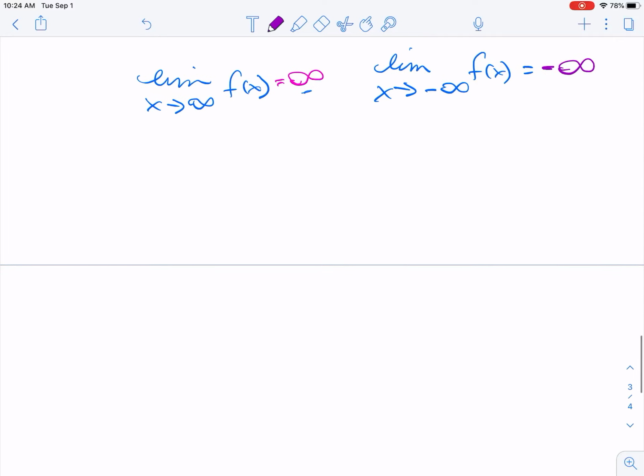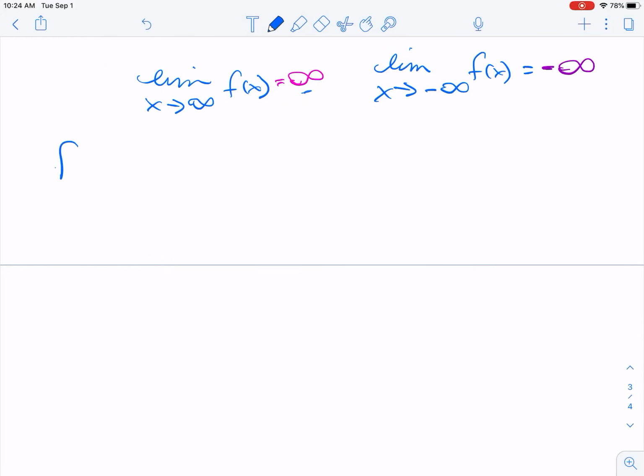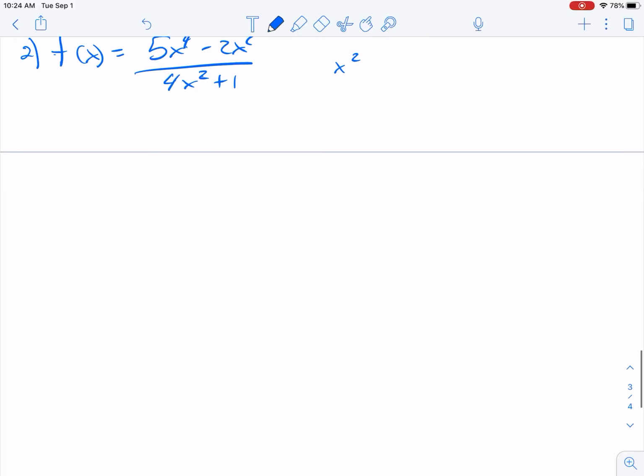Now, what happens if my function was this? Oh, this is part 2. f(x) is equal to 5x to the 4th minus 2x squared over 4x squared plus 1. The difference in my exponents is 2. You have an x squared, so this is parabolic.